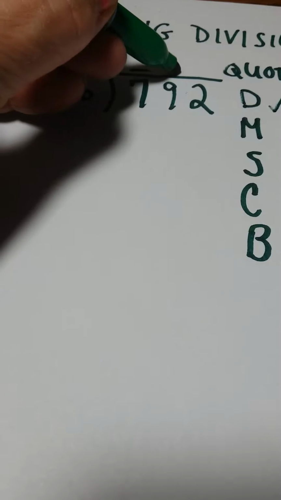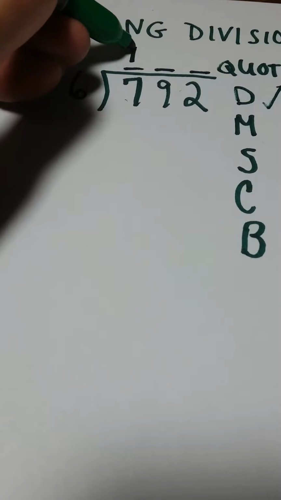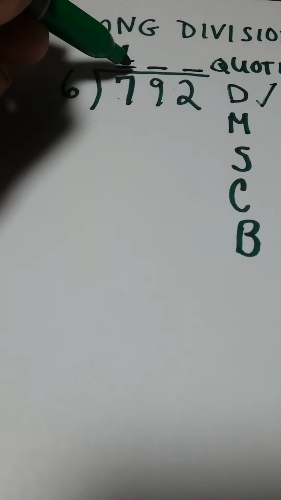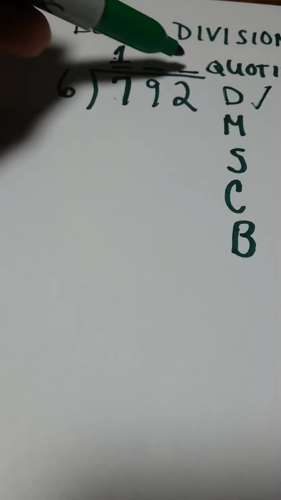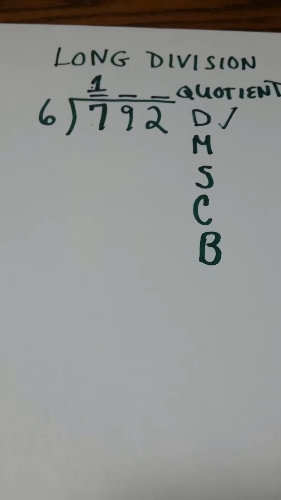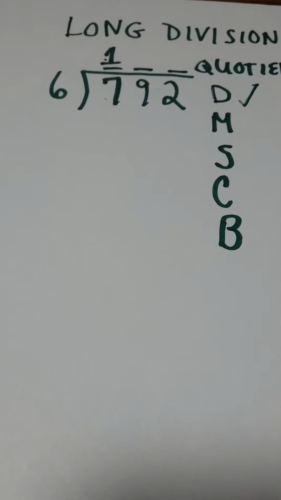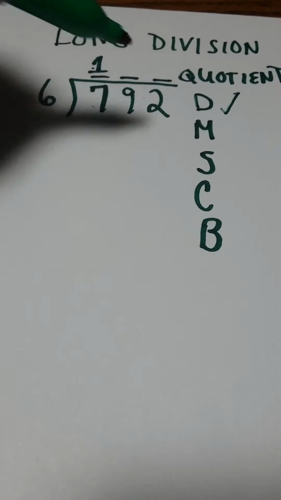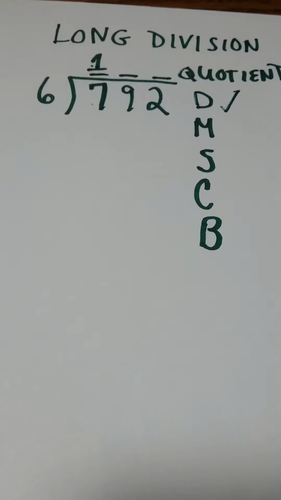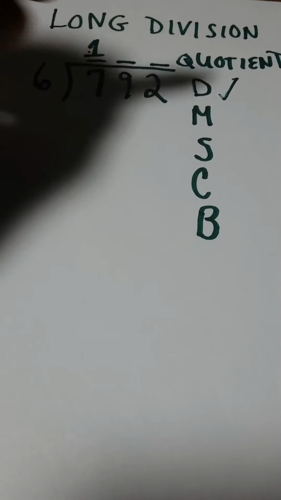So in order for me to know what my answer might look like, I'm going to put a line above each digit, which will note how many numbers my answer is going to have. So I cannot have more than 3 digits in my answer. Of course, if I had a remainder, it would not be part of these digits, but it would be the leftover section. Okay, 6 can go into 7 one time.